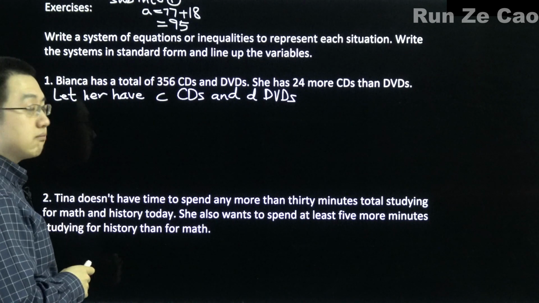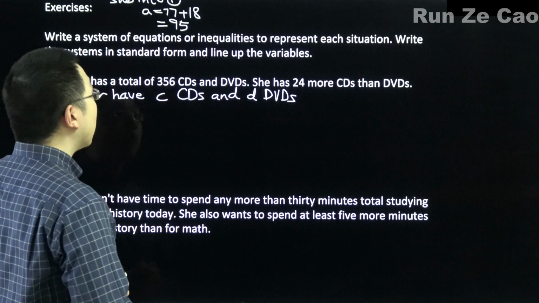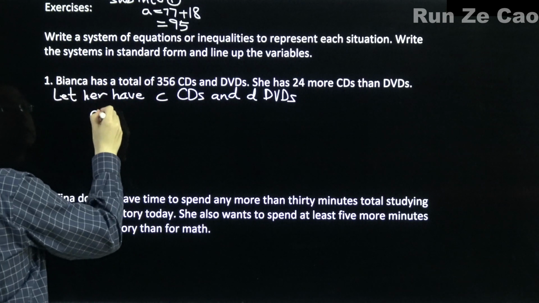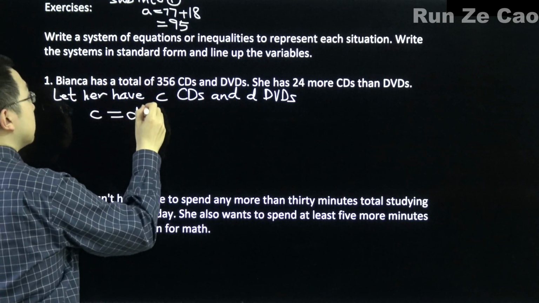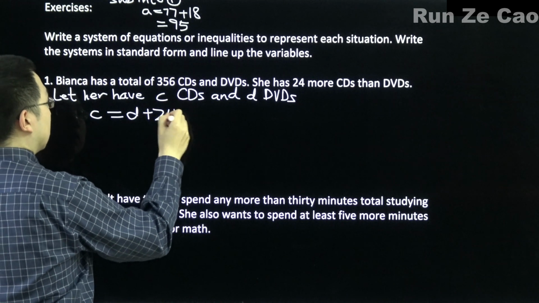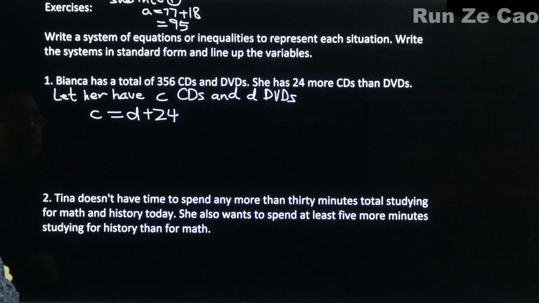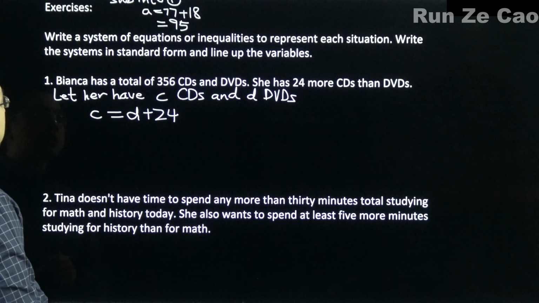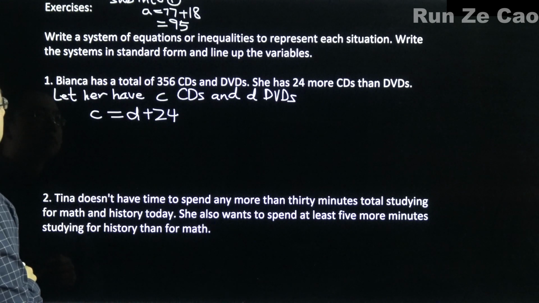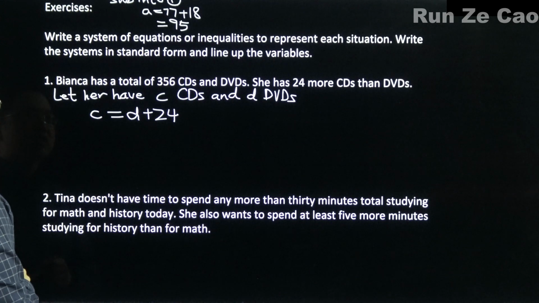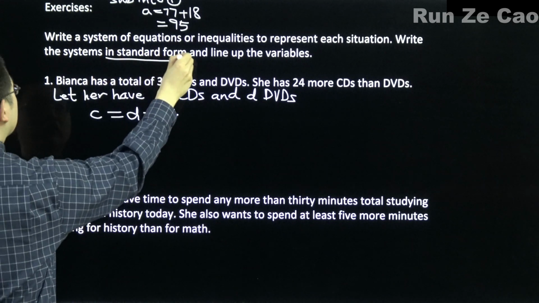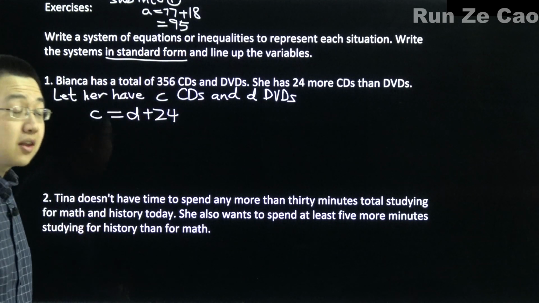Her CD number is 24 more than her DVD number, which means C equals D plus 24. Line up the variables, because it says standard form. Do you know what standard form means?